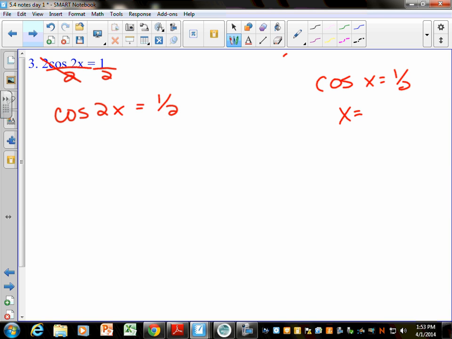And we say x equals, and we write the angles, right? That's what we've been doing. The difference here is I still got to think about where does cosine equal 1/2? But there's a 2 in front of this. So instead of writing x equals, I'm going to write 2x equals. But still tell me, where does cosine equal 1/2?